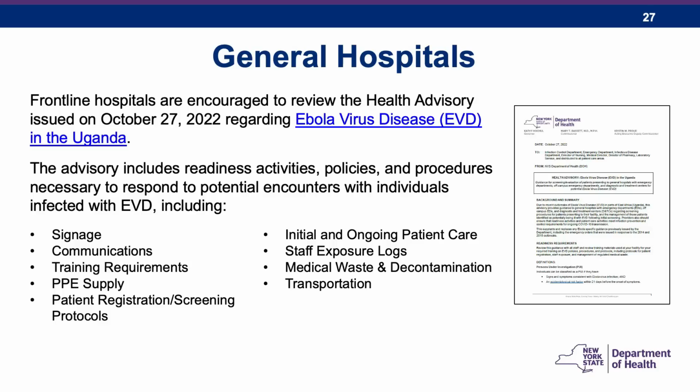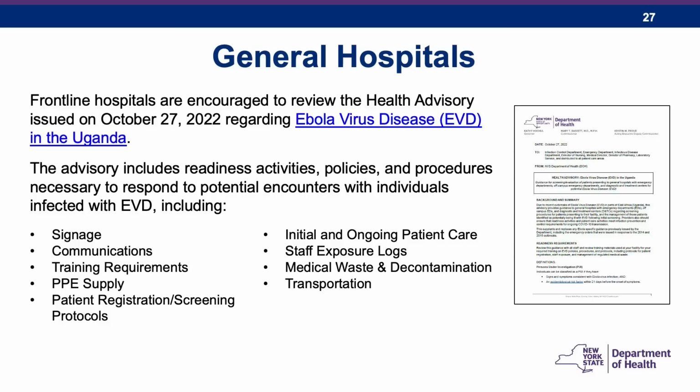Now let's talk a little bit about expectations for general hospitals. The first thing is that we encourage all frontline hospitals to review the health advisory that the State Department of Health issued on October 27th of this year about Ebola virus disease in Uganda. The advisory includes readiness activities and policies and procedures.